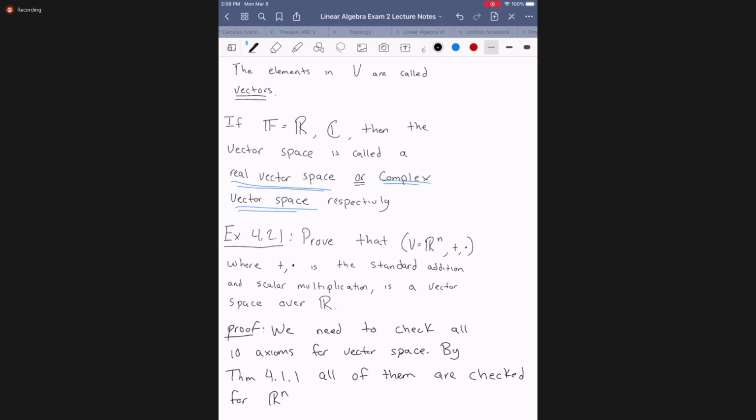I guess every finite dimensional vector space is isomorphic to a copy of R^n, but we'll talk about that later. But for this example, we already proved it last section, right? So now let's start looking at more examples that aren't just your standard R^n.